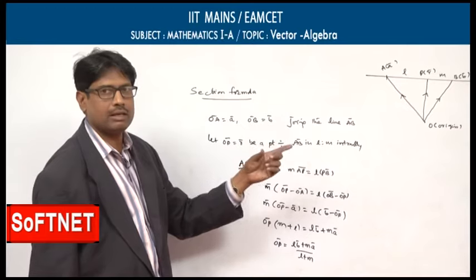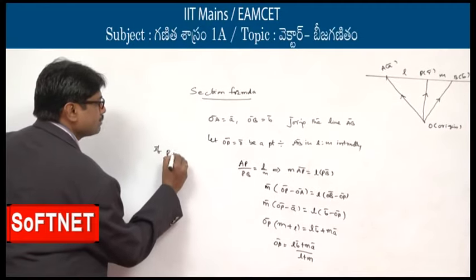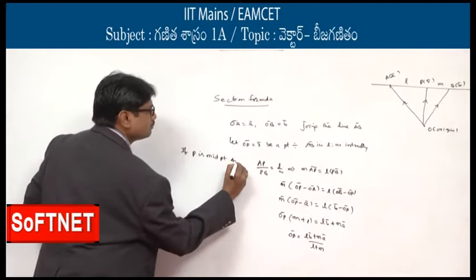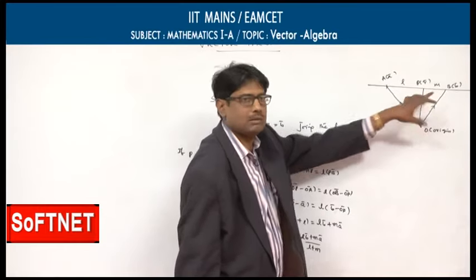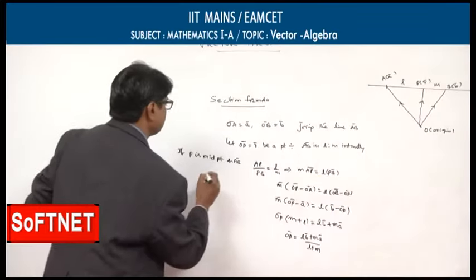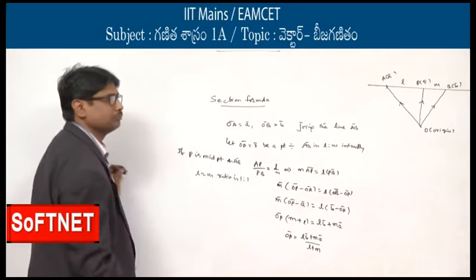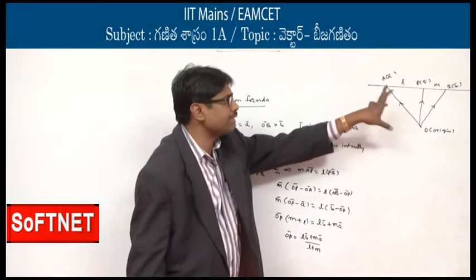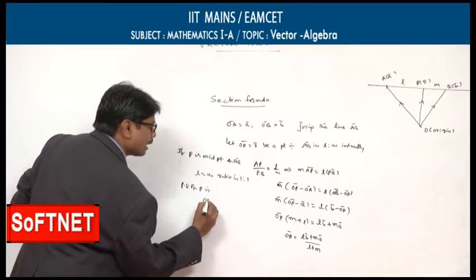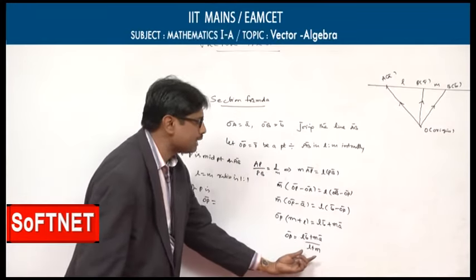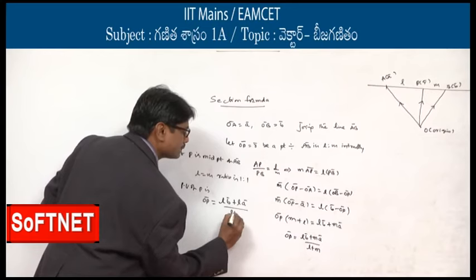If P is the midpoint of AB bar, the distance from A to P and the distance from P to B are equal, so L is equal to M, and the ratio is 1:1. So the position vector OP bar is equal to (L B bar plus L A bar) divided by (L plus L).